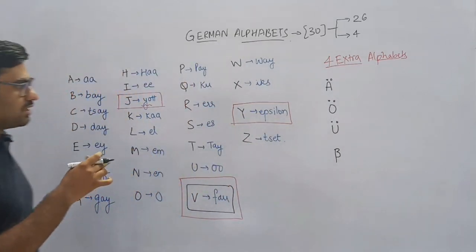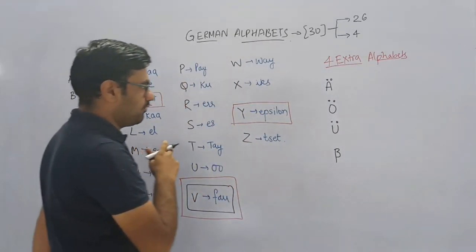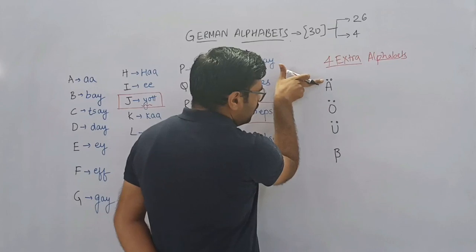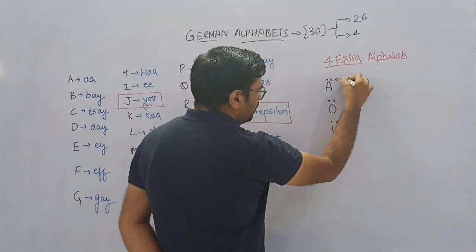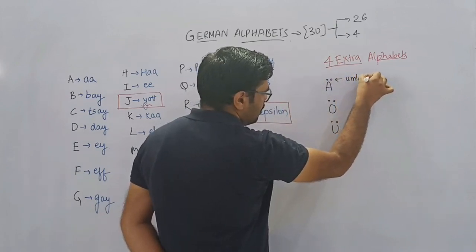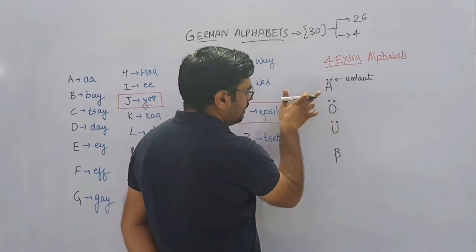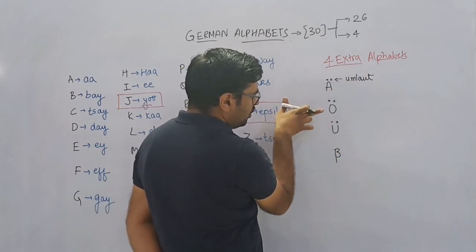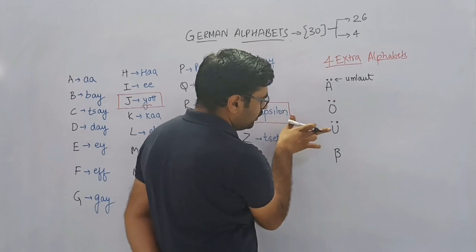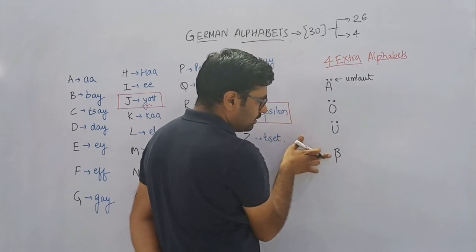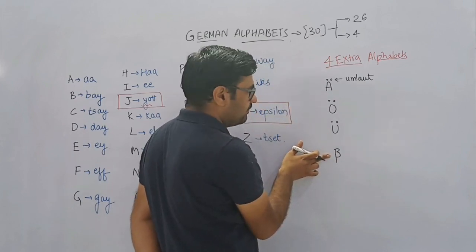So these are 4 extra letters in German. These 2 dots are known as umlaut. A with umlaut, O with umlaut, U with umlaut, and this is known as Eszett.